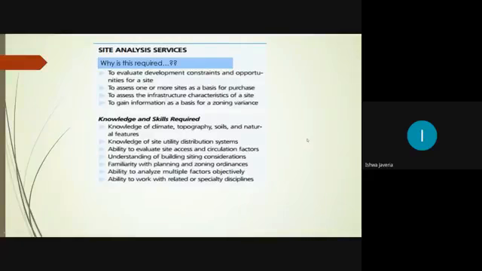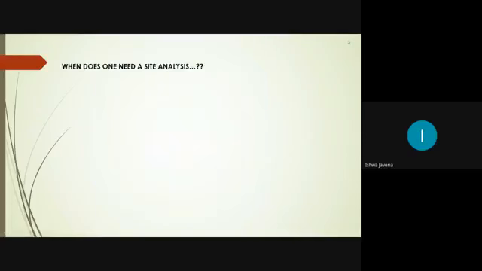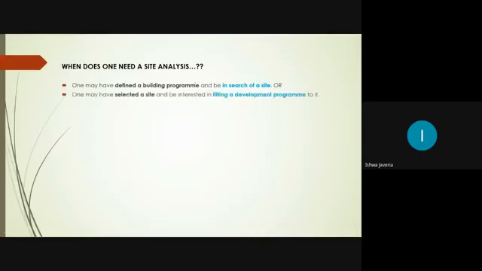So these are the different importances of a site analysis sheet for you as an architect, why we conduct site analysis. And then let's talk about why one needs a site analysis. One may have defined a building program and be in search of a site, or one may have selected a site and be interested in fitting a development program. So you guys will need to focus on this point.